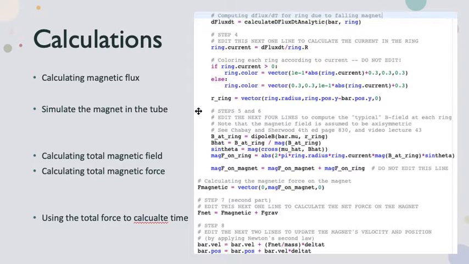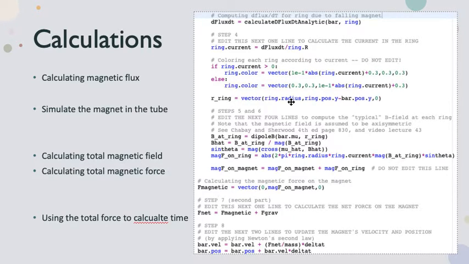Using these functions, we started by calculating the magnetic field of the tube using the function. Once we calculated the magnetic flux, we were able to calculate the current within the tube by dividing the magnetic flux by the resistivity of the tube.